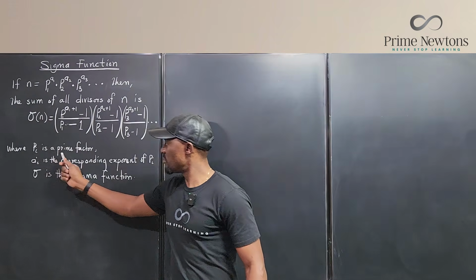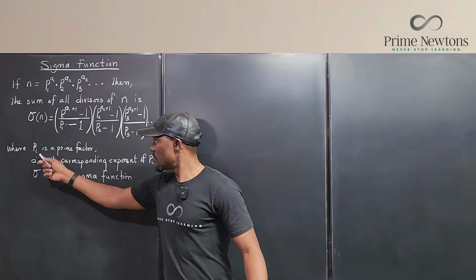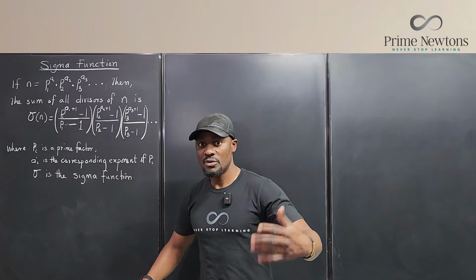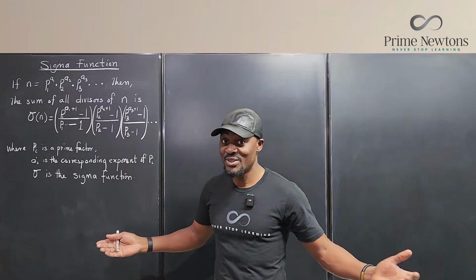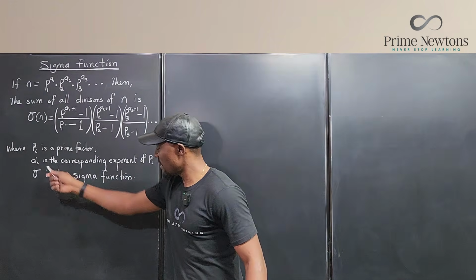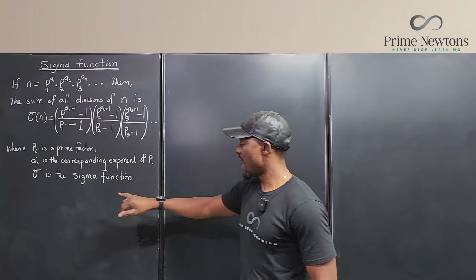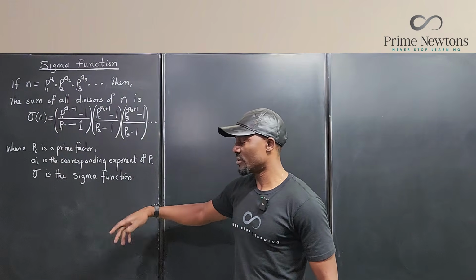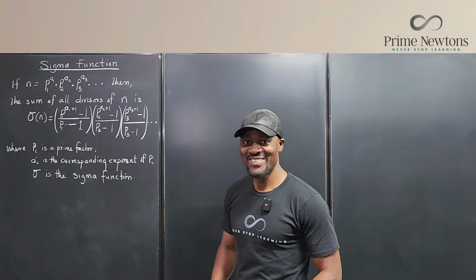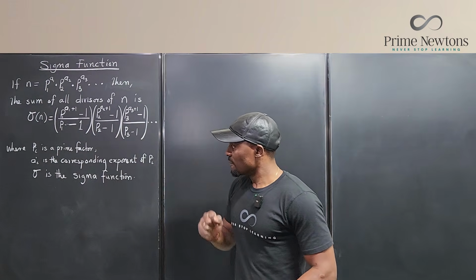And p sub i is a prime factor. So remember, i is changing from 1 to 3 depending on how many prime factors the number has. We also know that a sub i is the corresponding exponent of p sub i, and sigma is the sigma function. Well, that's a tautology.